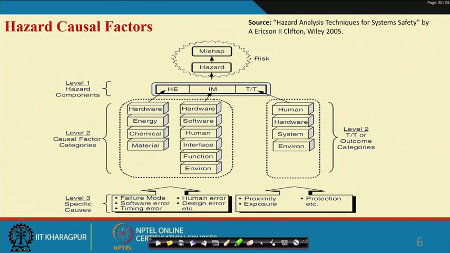Ultimately you find these level 3 factors: failure mode, software error, timing error, human error, design error. There is a proximity problem, exposure problem, protection problem. The protective measures that must be there to prevent an accident are not there.